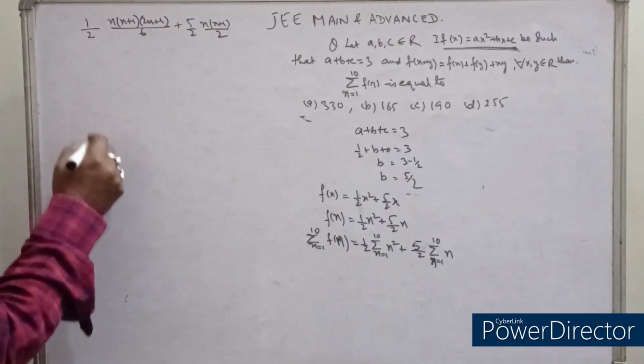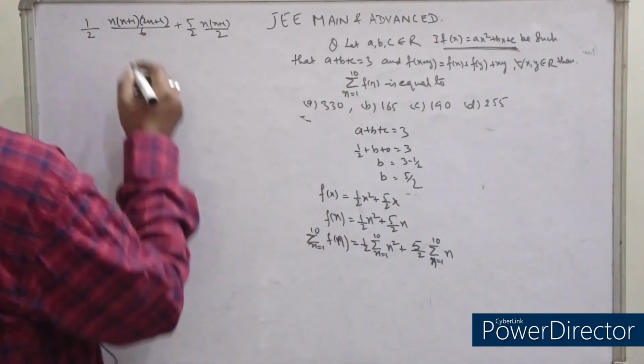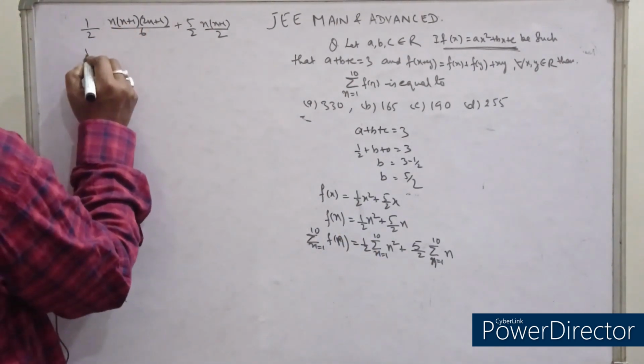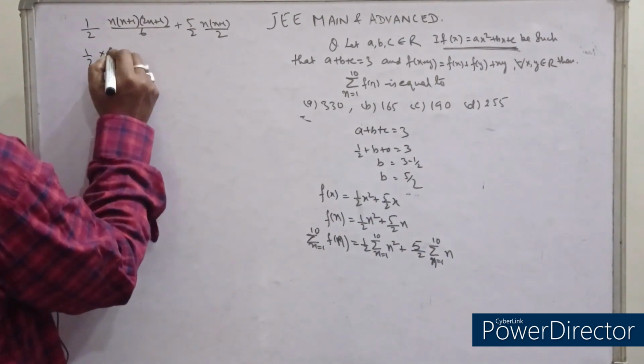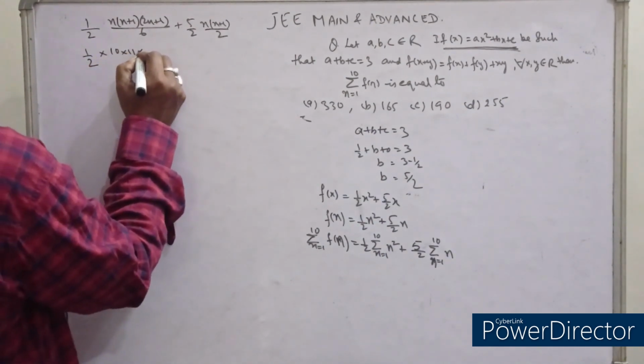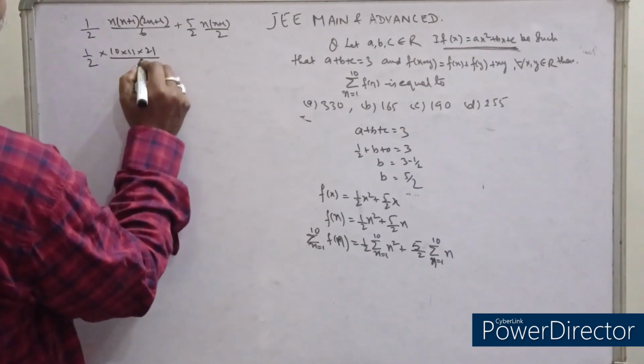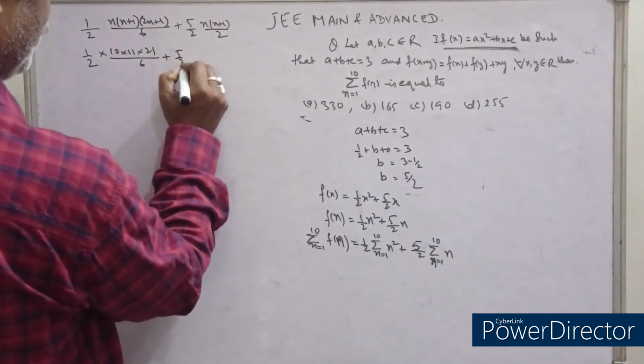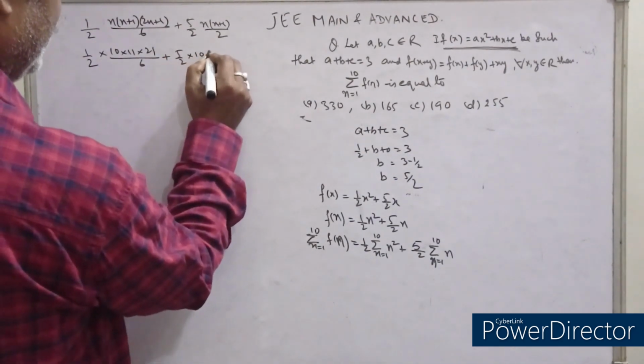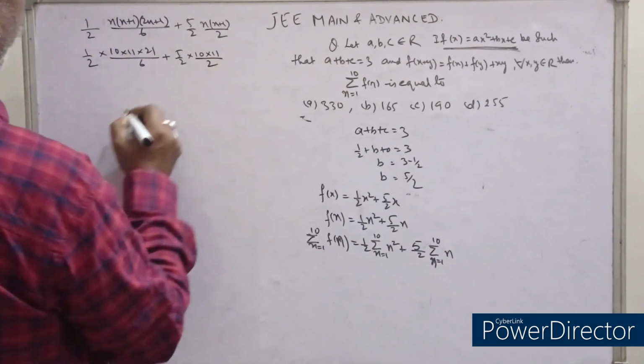So here it is from 1 to 10, so your n value is 10. So 1 by 2 into 10 into 11 into 21 by 6, plus 5 by 2 into 10 into 11 by 2.